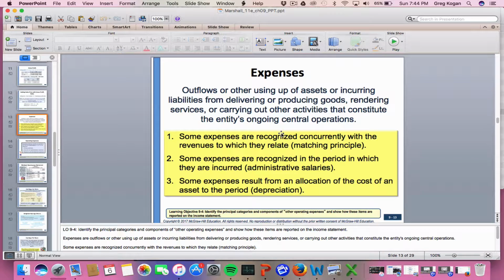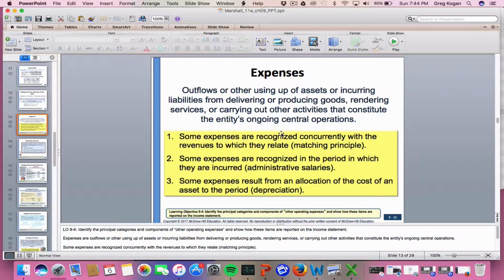In terms of the expense side of the income statement, what are we really looking at? We have basically the matching principle, and we want to match the revenues and expenses in the same period that they are earned and incurred.